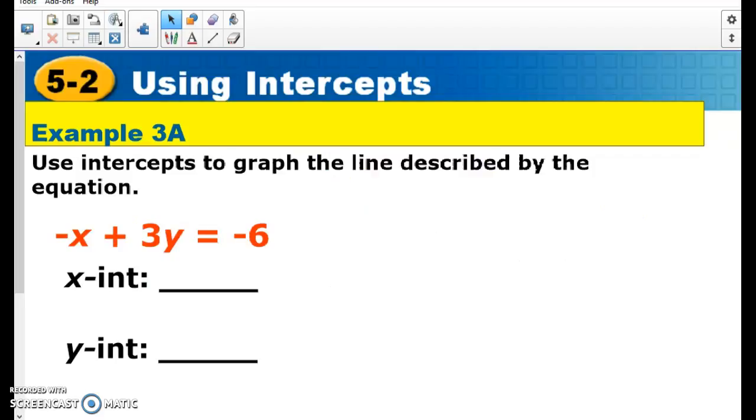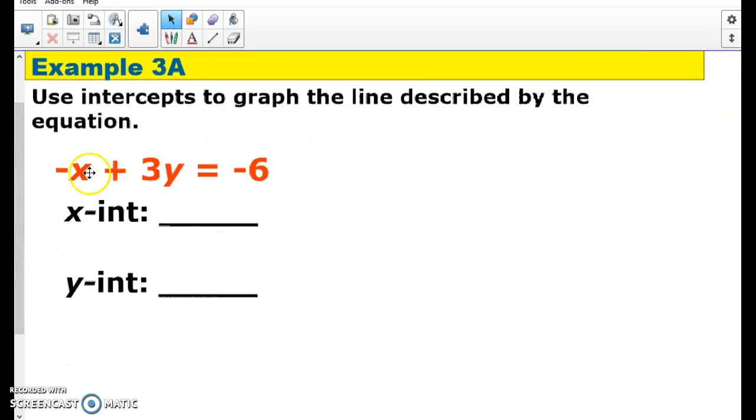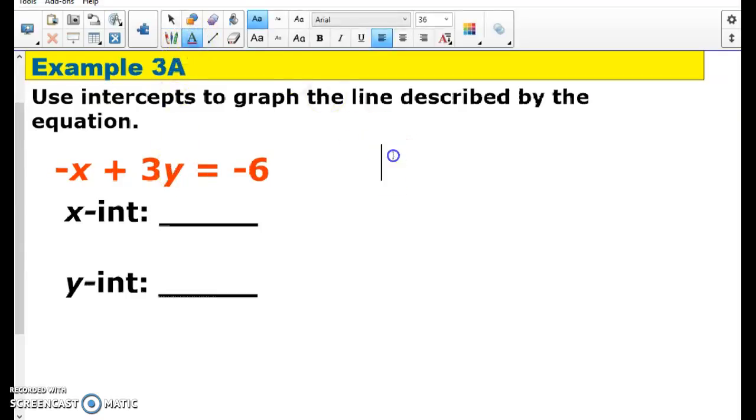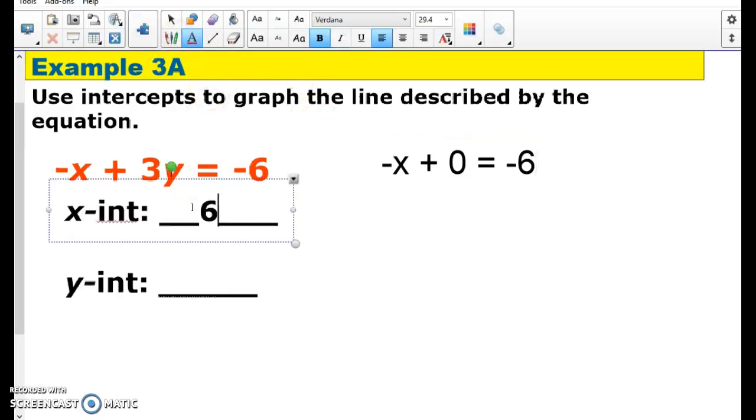Let's do one more. So here's one where if I put in 0 for y, I'm going to end up with negative x plus 0 equals negative 6. So the only thing that x can be there is 6.